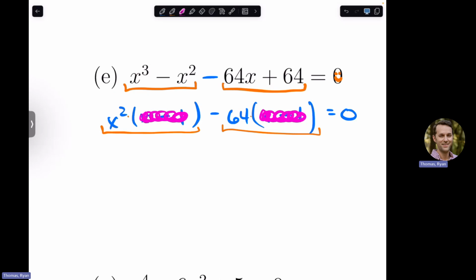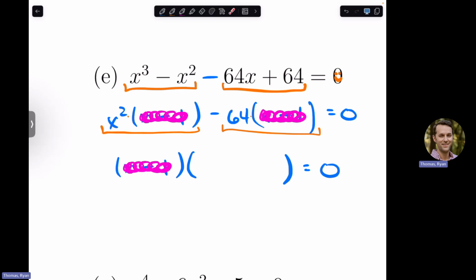So if I have these two pieces, x squared times pink thing minus 64 times pink thing, what do they have in common? They have that in common, right? They each have a factor of whatever is under that pink squiggly thing that I blocked out.